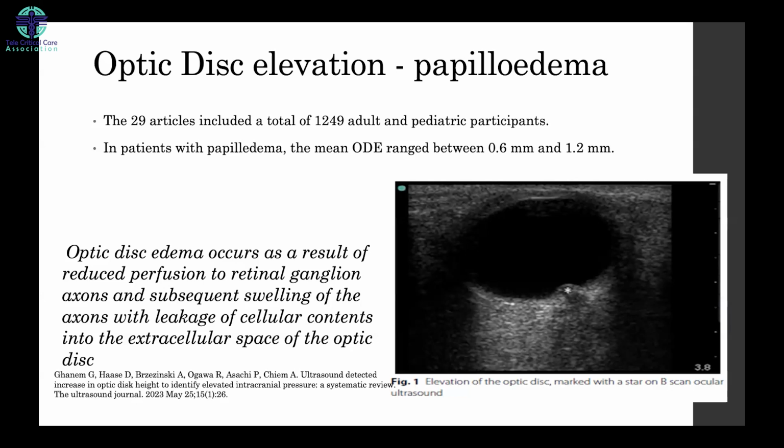Here we can see that whenever there is a raised intracranial pressure, there is reduced perfusion to the retinal ganglion axon cells. And this leads to the leakage of cellular components into the extracellular space of the optic disc, causing an optic disc edema, or you can also call it the optic disc elevation. And the optic disc elevation more than 1.2 mm is considered as papilloedema.